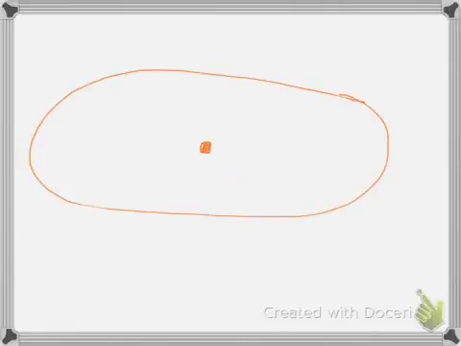If it's this way, we know it's horizontal. I apologize for what it looks like, I'm not an artist. Then you have your endpoints on that axis, and that's the major axis.